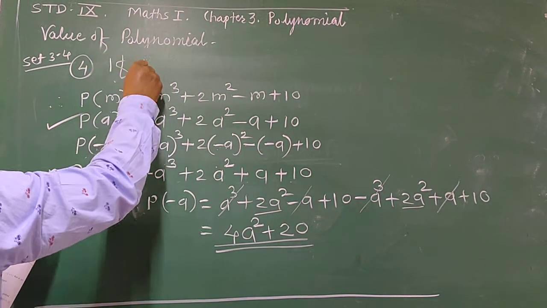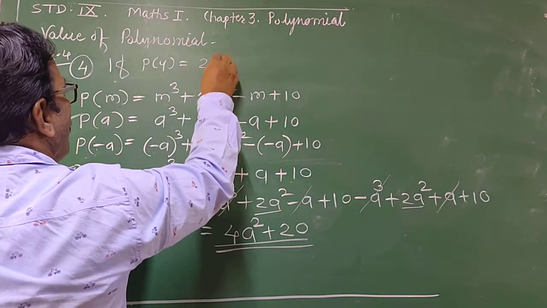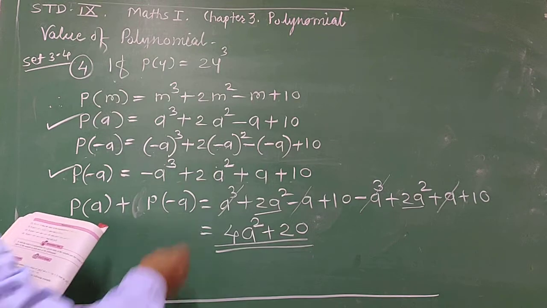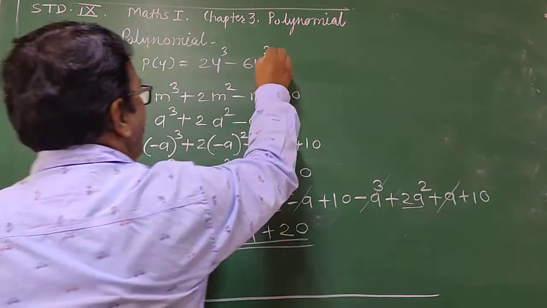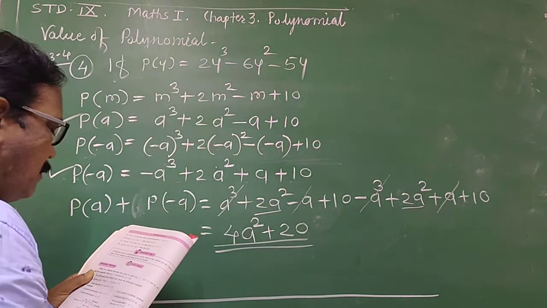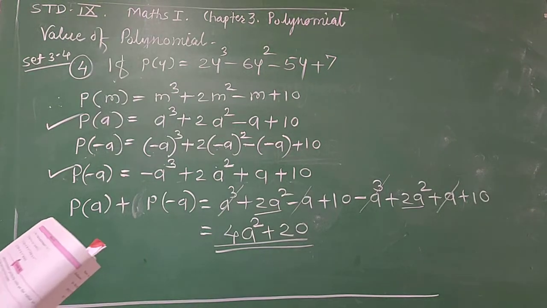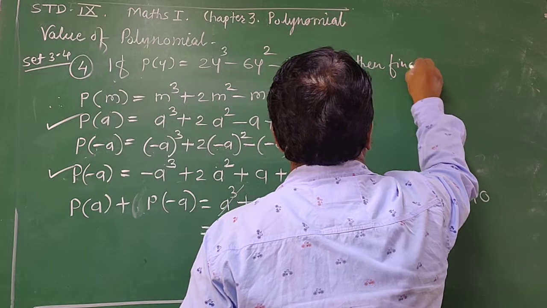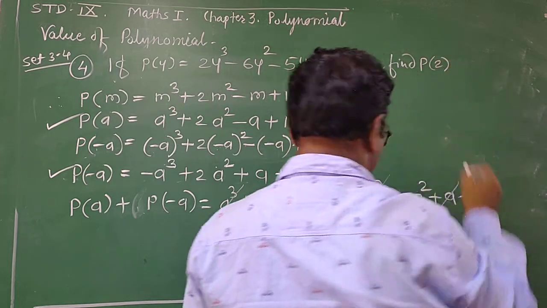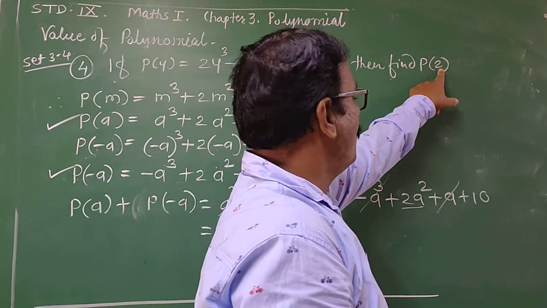If p(y) is equal to 2y cube minus 6y square minus 5y plus 7, then find p(2). Value of polynomial if variable is 2.